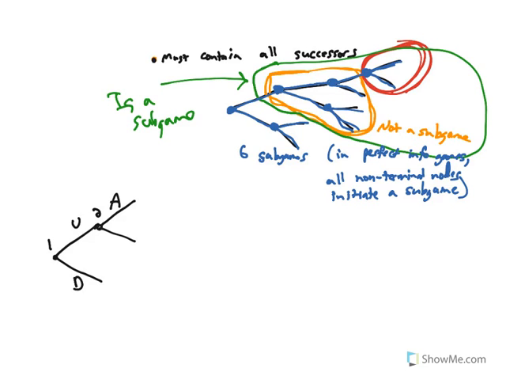We move to player 2, A, B, and then we move to player 3, E, F, and then down here we move to player 2 again, which is C and D, and player 3 does not know at that point whether player 1 played U and player 2 played B, or player 1 played D and player 2 played C. She can't see which of those two circumstances she's in.